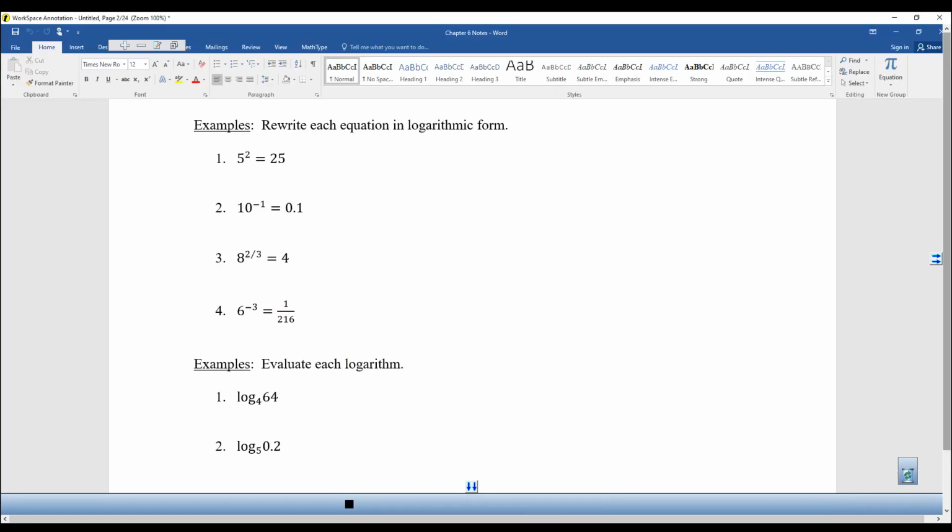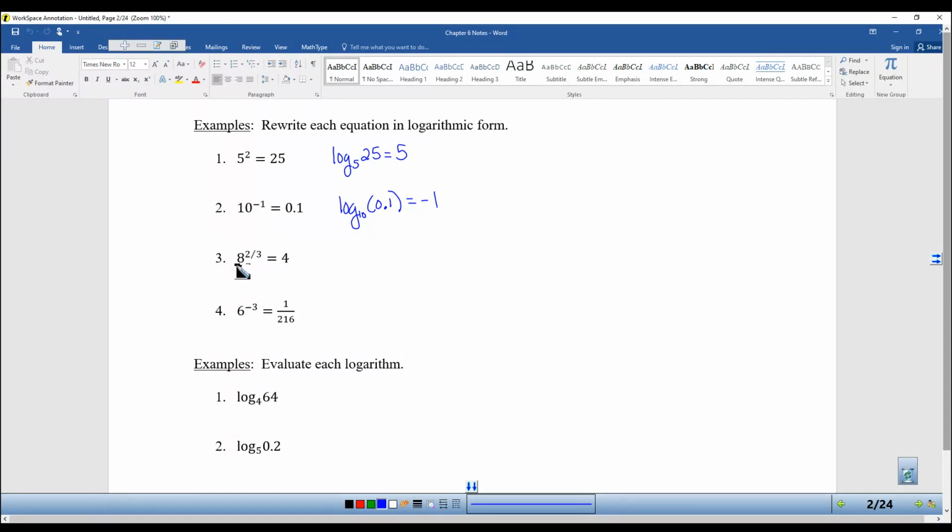Now let's do it the other way. Now let's take each of these exponential problems and write them in logarithmic form. So I write log base 5, which you should lower, it's a subscript, of 25 is equal to 5. On this one, log, the subscript is going to be base 10 of 0.1 is equal to -1.